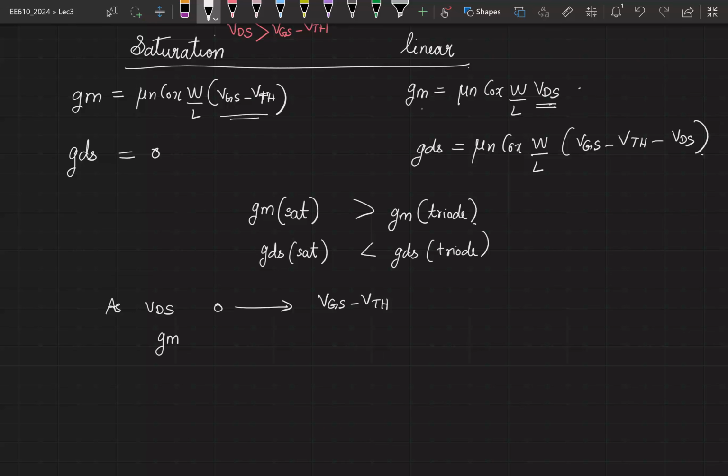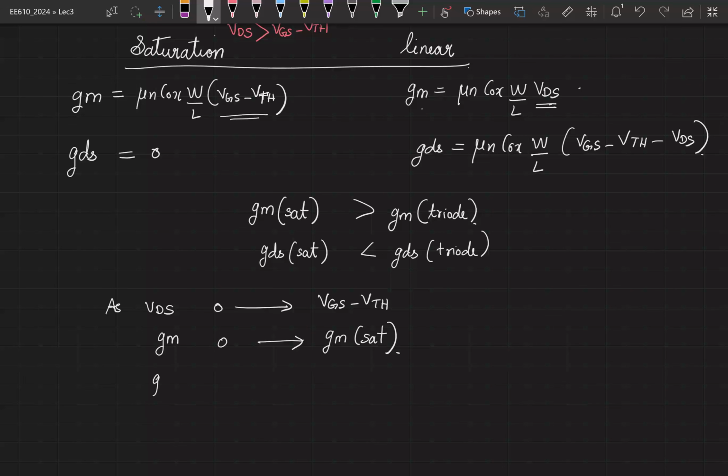Only linear, right? So you have to look at the GM equation corresponding to the linear region. And what is the value of GM? 0, right? And how high can it go? When your VDS approaches VGS minus VTH, that is when it enters the saturation region and your value is given by the GM value in the saturation region.